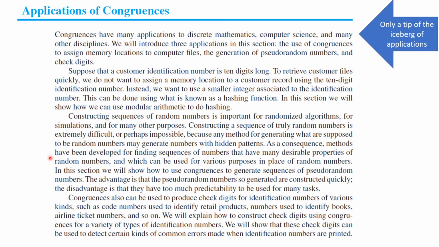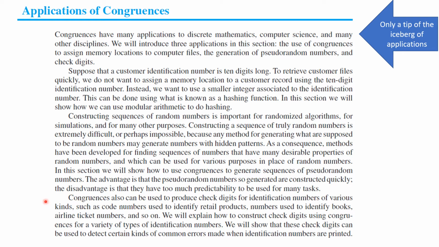As a consequence, methods have been developed for finding sequences of numbers that have many desirable properties of random numbers and can be used for various purposes in place of random numbers. And we're going to call these things pseudo-random numbers. And congruences often are used to generate such sequences. The advantage is that the pseudo-random numbers are constructed quickly, and the disadvantage is they may have hidden patterns.